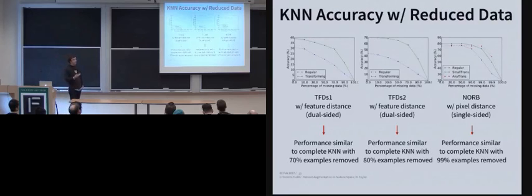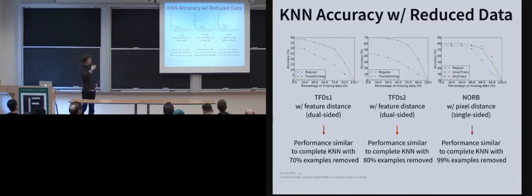When we're working with a reduced data set, in terms of the number of examples in the database, we found with TFD, we could actually, using transforming distance, reduce the size of the database down to about 70 or 80% of its examples and still compete with the standard KNN metric.